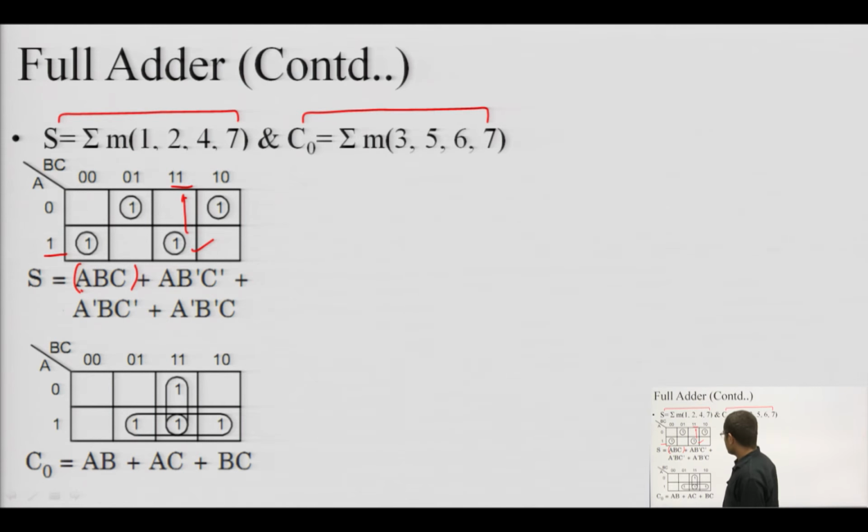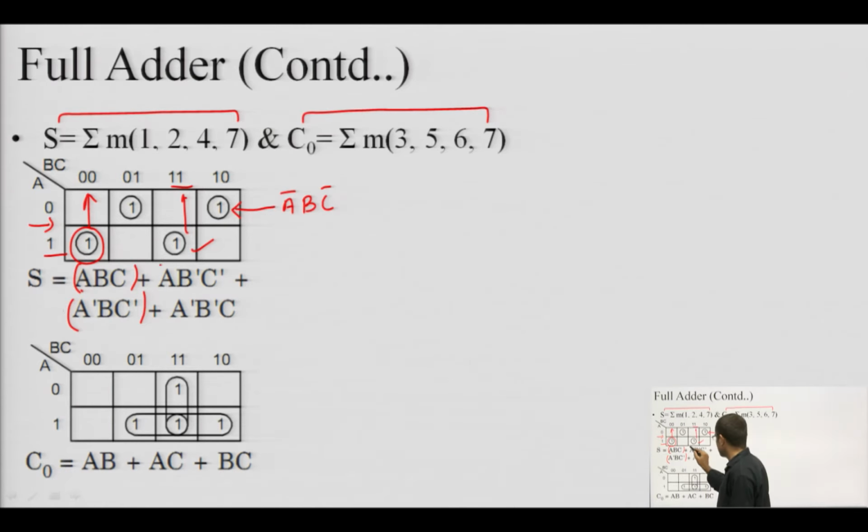Similarly, we can see that this one is A bar from here and B, C bar. So, this is your A bar, B, C bar. So, this is written here. Similarly, for other ones as well. So, this you can see is equivalent to your A, and from here B bar, C bar.